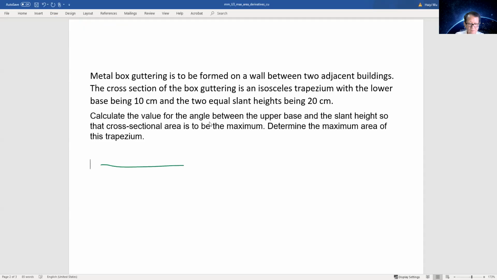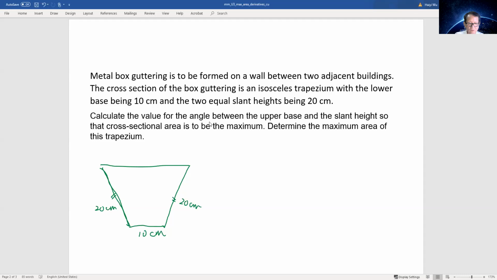So we have a trapezoid gutter, trapezoid shape. Isosceles means the two slant heights must be equal. They are both 20 centimeters. Then the lower base is 10, already given.